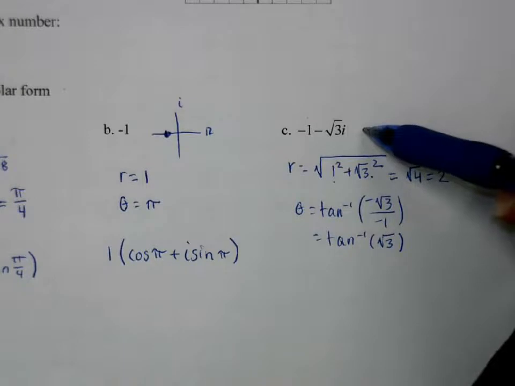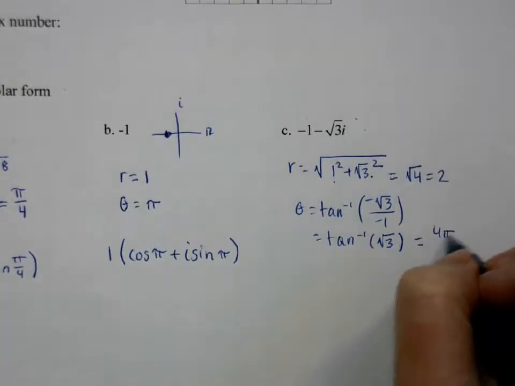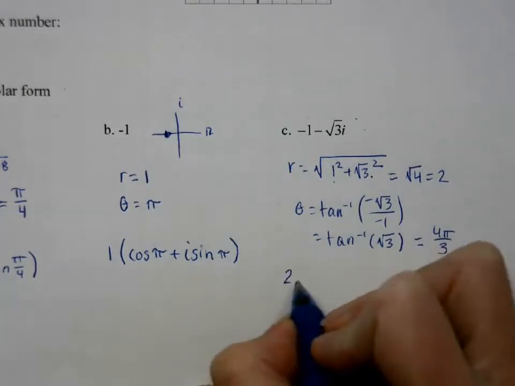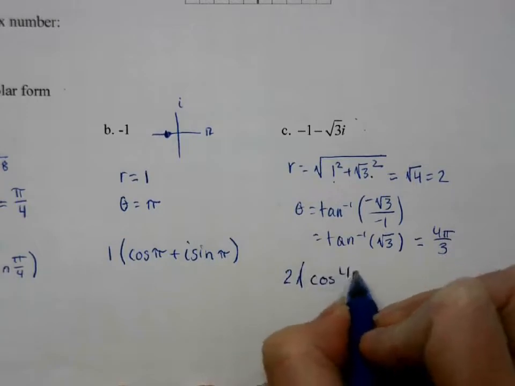So again, make sure those tangent values are on your unit circle. So 2 cosine 4 pi over 3 plus I sine 4 pi over 3.